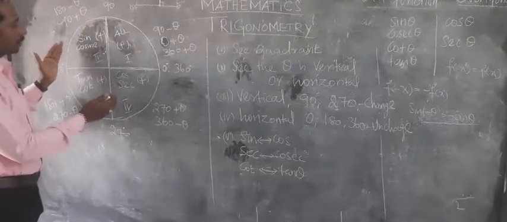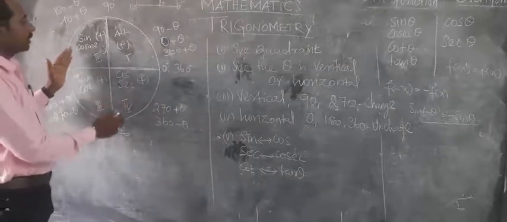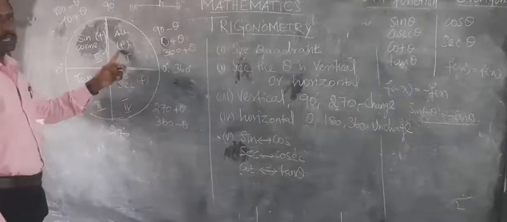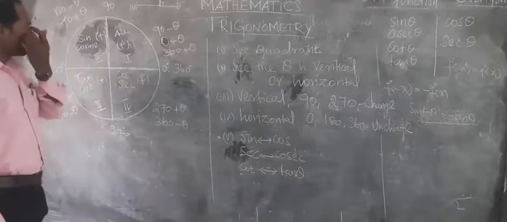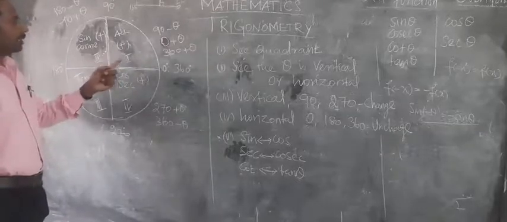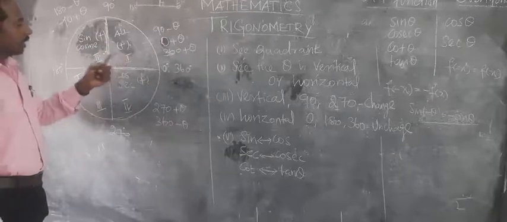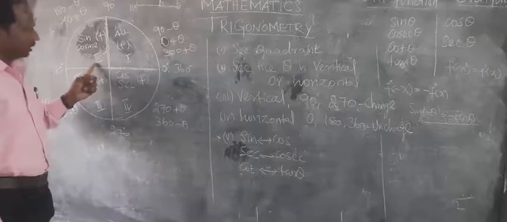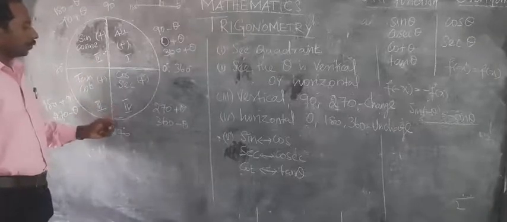If you want the full circle, we divide it into 4 parts. Each part we call a quadrant. In trigonometry, we call them the first quadrant, second quadrant, third quadrant, and fourth quadrant.